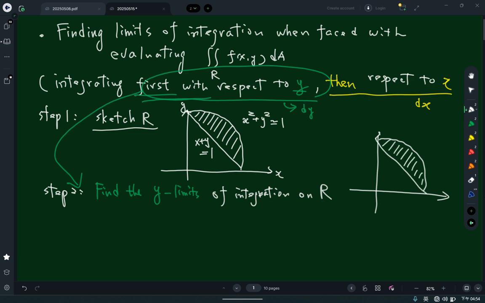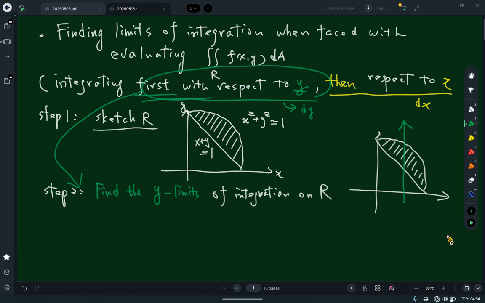But this time, because we find the y limit, dy first, you just emit a line passing through this region. Because we find the y limit, please just draw a vertical line from bottom to top. Okay?